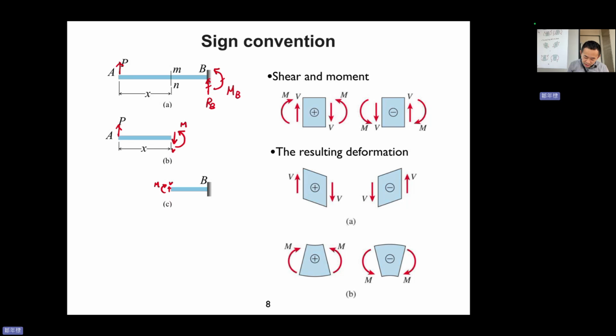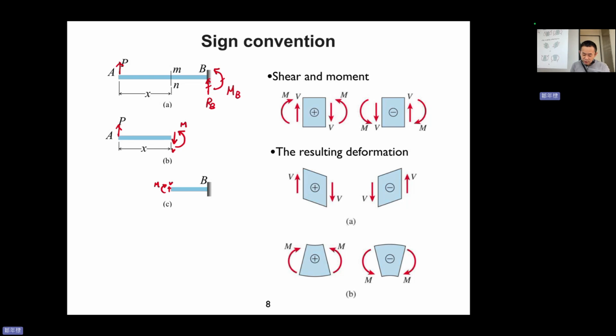So this V and this V will cancel each other, and this M and this M will cancel each other when you attach these two sections back together, and you don't see anything in the material in the whole body because they are internal forces. When they attach together, they will disappear. So these two must be direction reversed, but the same value.